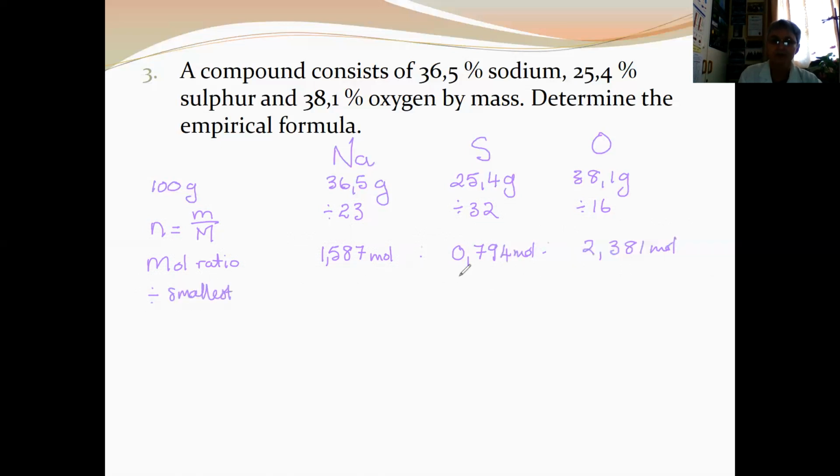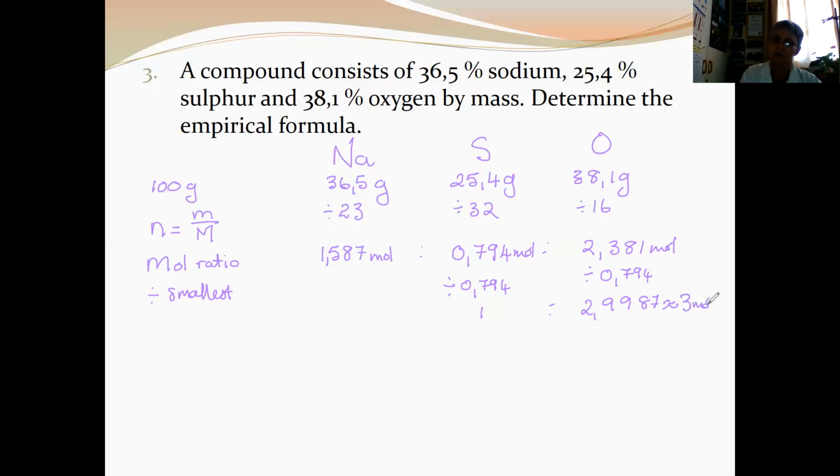which is 0.794, which will turn sulfur into 1. Divide the 2.381 by 0.794, and you get 2.9987. Now this is very close to 3, so I'm allowed to round this to 3.